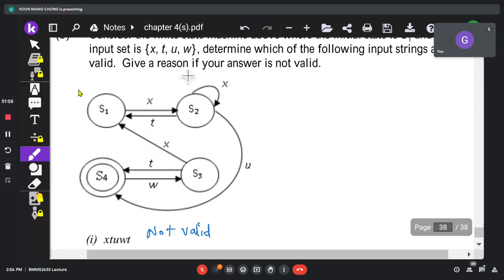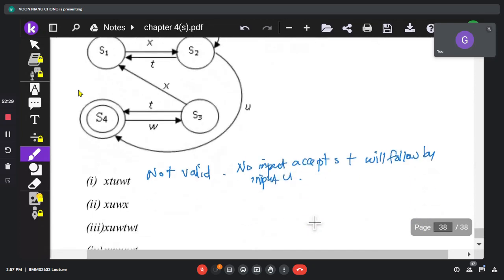Because after the T, right, XT, we don't have input U. No input will accept T will follow by input U. No input that accept T will follow by input U. Okay, that's why it's not valid.